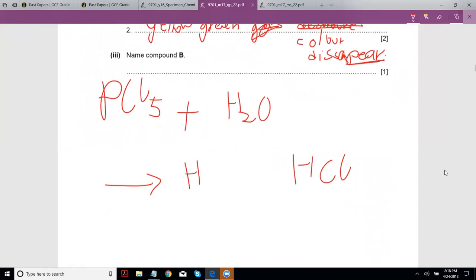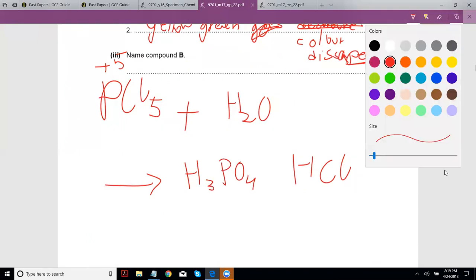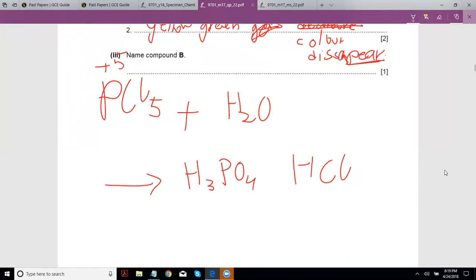So phosphoric acid, the P is +5. So H3PO4. And if you're like me, who never remembers whether it's 4 or 3, just remember here it was +5, here it became +3.